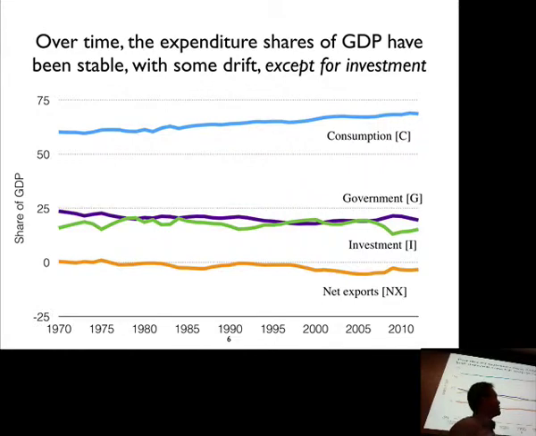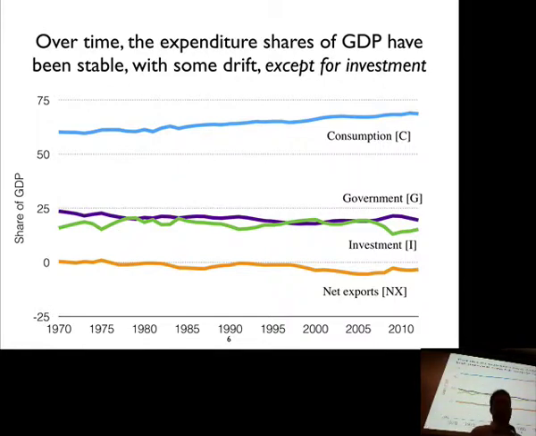Consumption actually has this interesting upward drift here, and we're not really going to talk about this in the course. When I plotted this out for you, and this is a new graph for you in fall 2013, I looked at it and said, oh boy, we've got consumption drifting upward, which is not really part of the story I'm going to tell you, but it is in the data.